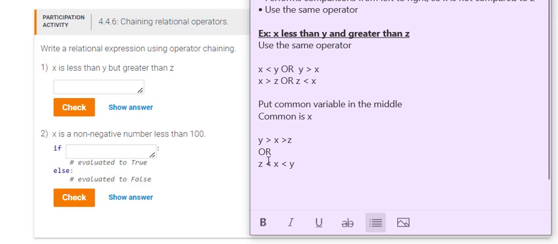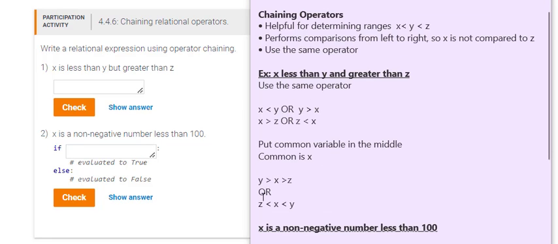So if you compile all of those together, we can say that y is greater than x, and then we find the one here that's greater than, x is greater than z, and that puts the common variable x in the middle. Otherwise, we can use the less than. So if we find the less than here, it's x is less than y and z is less than x. So it will be z is less than x and x is less than y. So this is how you would chain your operators together.